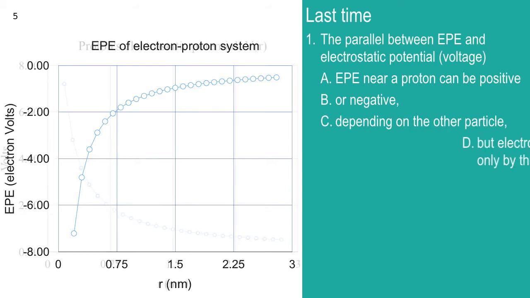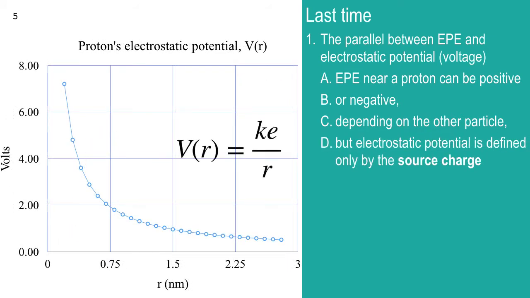That's all. Now, that problem does not hold with the electrostatic potential. And that's because the electrostatic potential is defined in terms of your source charge or your central charge. In this case, it's a proton. And this is the electrostatic potential, capital V of r, as a function of r, for a proton.